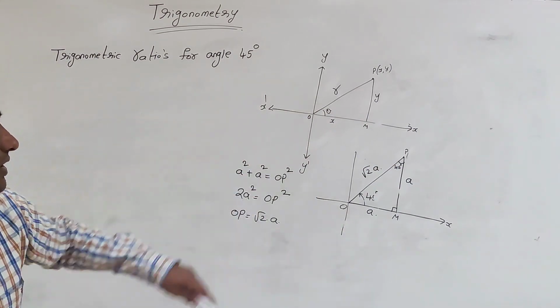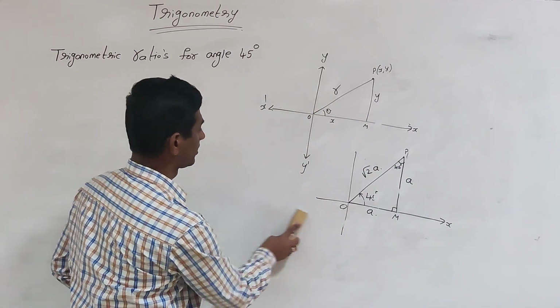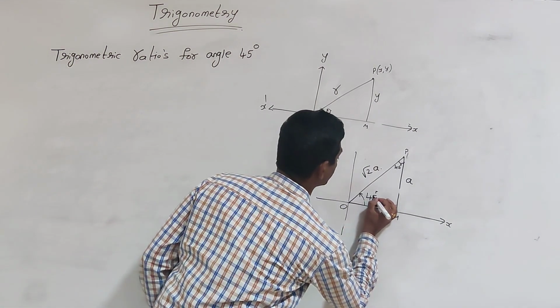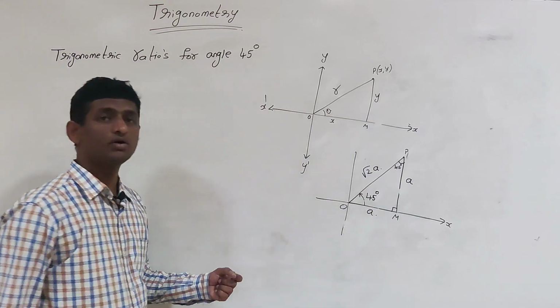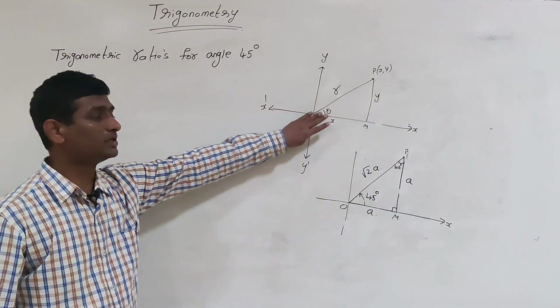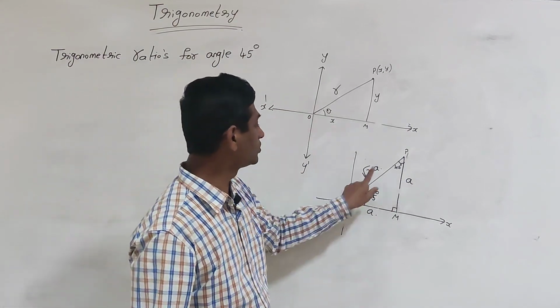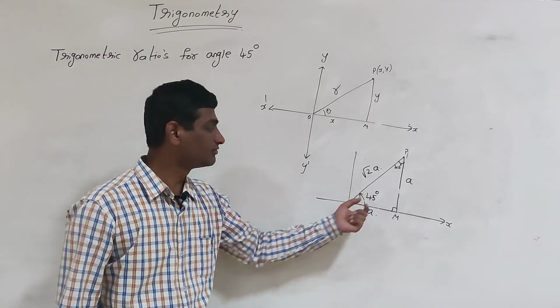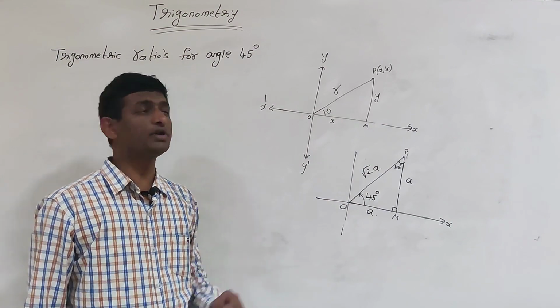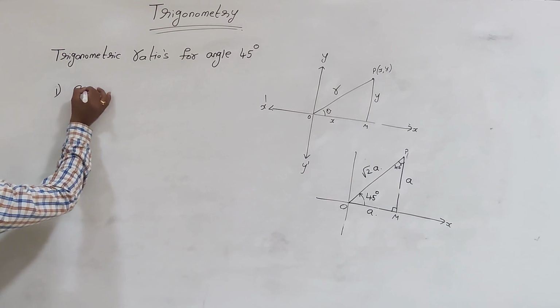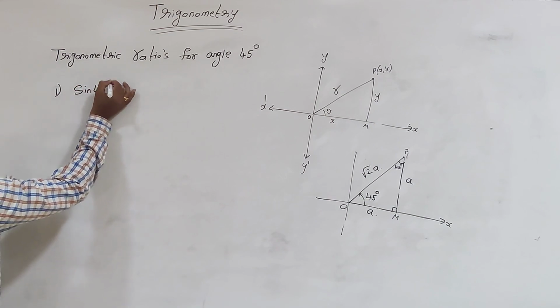So those are the sides. So this is 45 degrees. Now, as per the standard notation, these are the sides of a right angle triangle, and we can find the trigonometric ratios for 45 degrees. First one, sine 45 degrees.